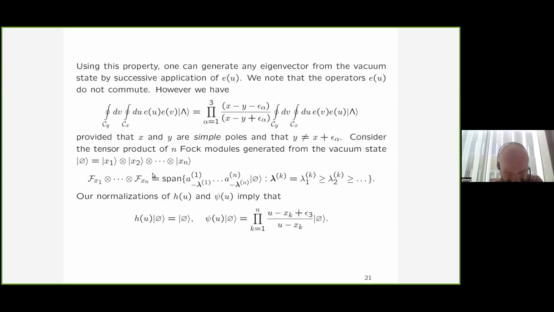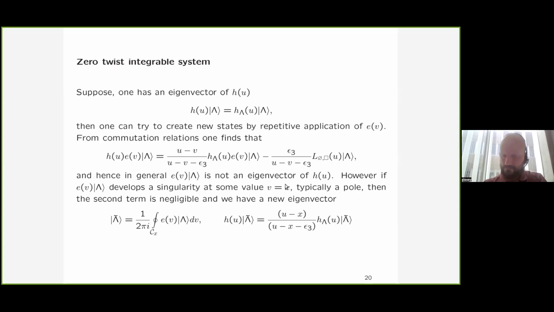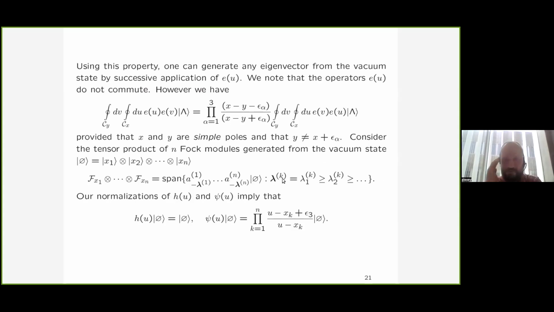Now, specializing to a particular representation, I'm taking a very special case where my space, no matter how I call it, in which I act is a tensor product of Fock spaces with the highest weights x1, ..., xn. So basically I know how the basis in this space looks like. It's labeled by a tuple of n partitions, lambda 1 with the upper index 1, etc., up to n.